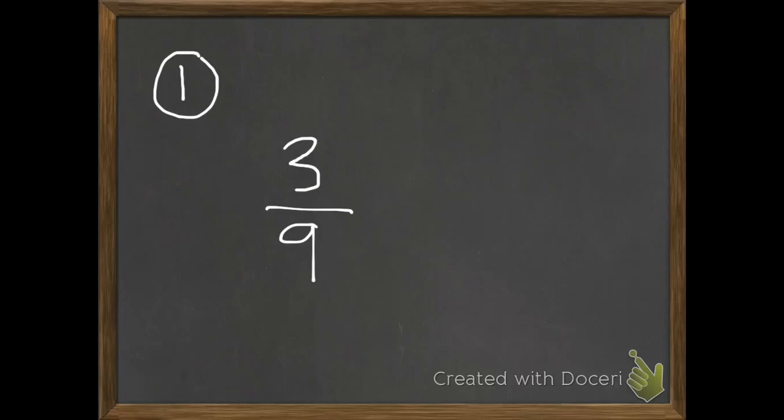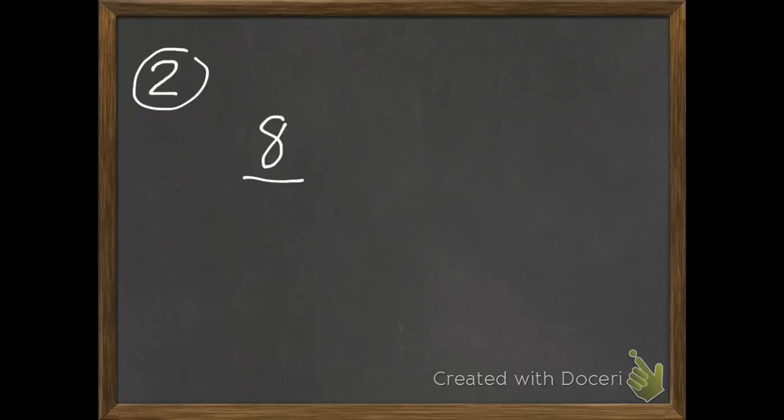Okay, here's your 4 problems to do. So first of all, 3/9. Put that in simplest form. Or if it already is, you can just write simplest form. Number 2 is 8/12. Put that in simplest form.